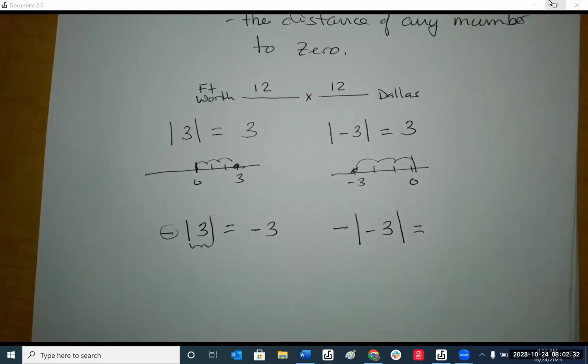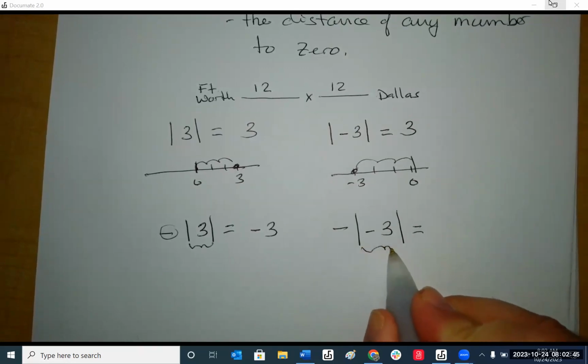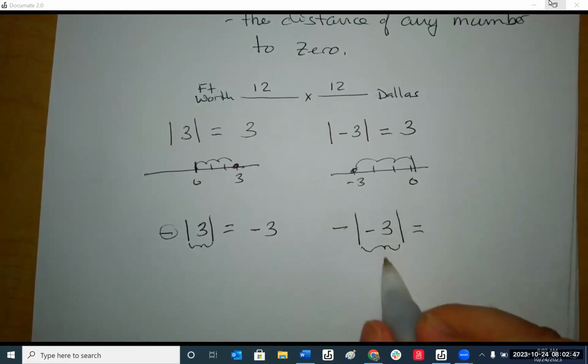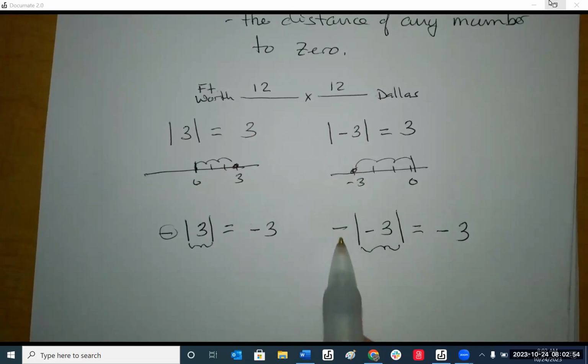Likewise with this one. Again, you follow the order of operations. We do the absolute value first. The absolute value of negative 3 is 3 with a negative out in front. In other words, you cannot distribute across absolute values.